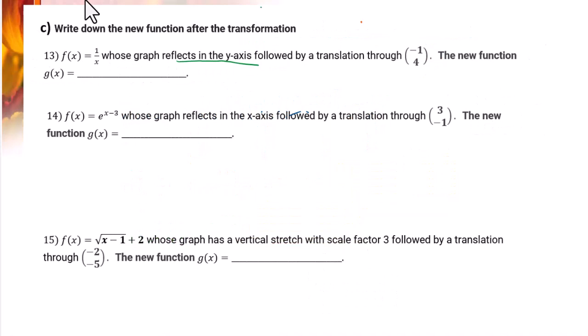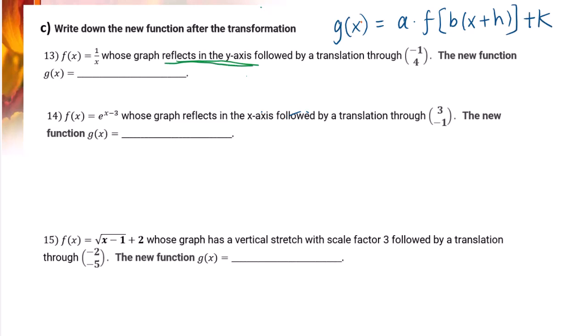Write down the new function after the transformation. F of x equals 1 over x, whose graph reflects in the y-axis, followed by a translation through (negative 1, 4). The new function g of x equals. We will write down transformational form. G of x equals a times f of (bx plus h) plus k form. Reflect in the y-axis.